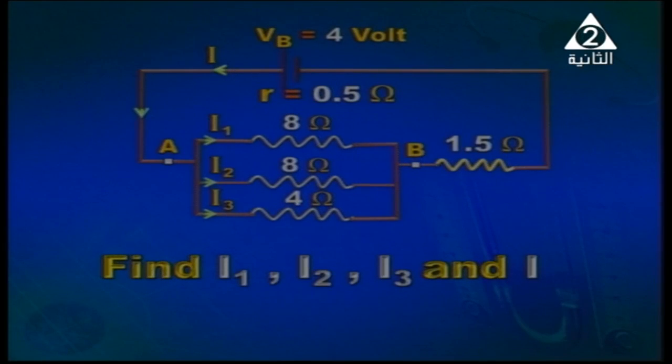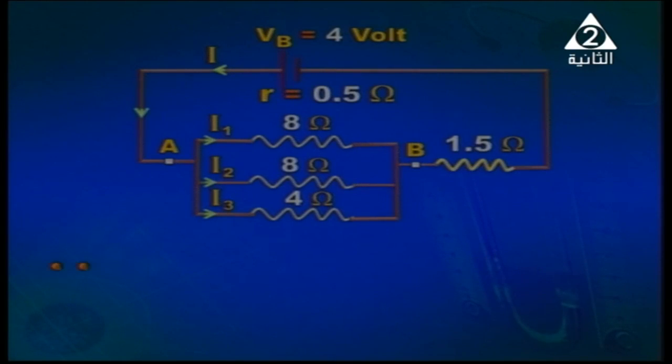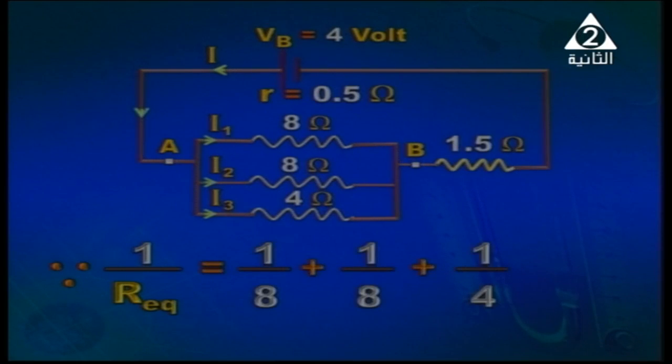So the first step here is to calculate the total resistance. First of all, we'll calculate R equivalent of the parallel group. So 1 over R equivalent is 1 over 8 plus 1 over 8 plus 1 over 4.